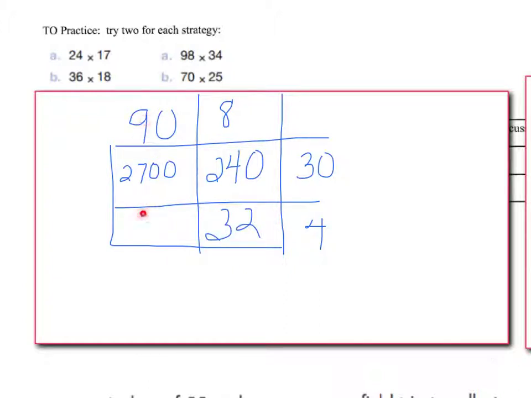And in this box, 90 times 4. Well, 9 times 4 is 36. I took off or annexed 1 zero. I'm going to add it back on.